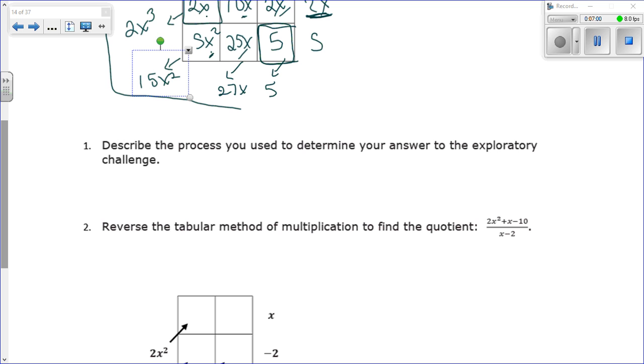Describe the process you used to determine your answer to the exploratory challenge. First thing we did was draw a table and label what you know. Label parts known.